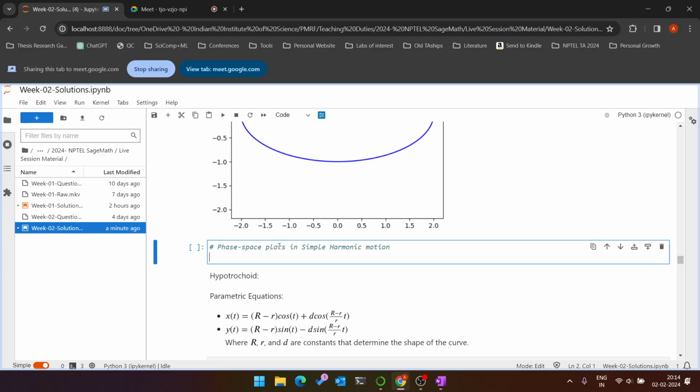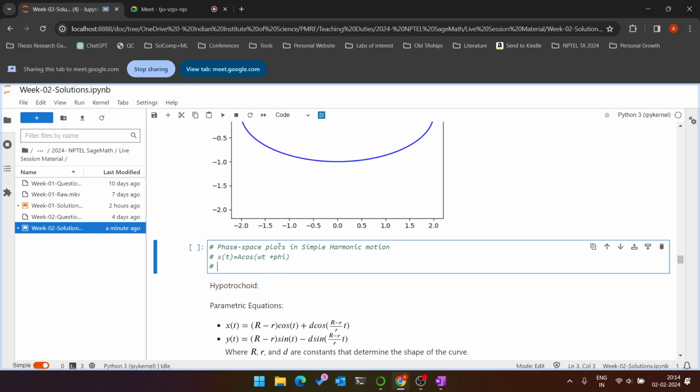We know that for simple harmonic motion, the displacement can be written as x of t being a cos of omega t plus phi, and my velocity v of t being a omega sine of omega t plus phi.